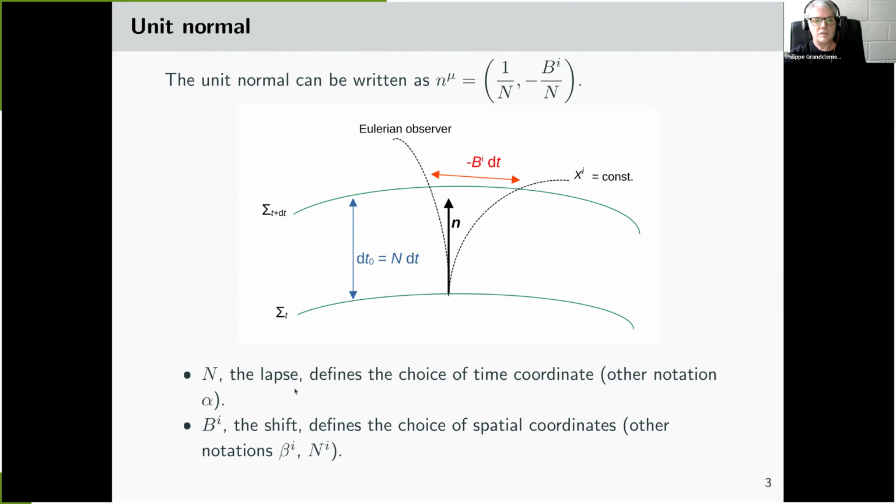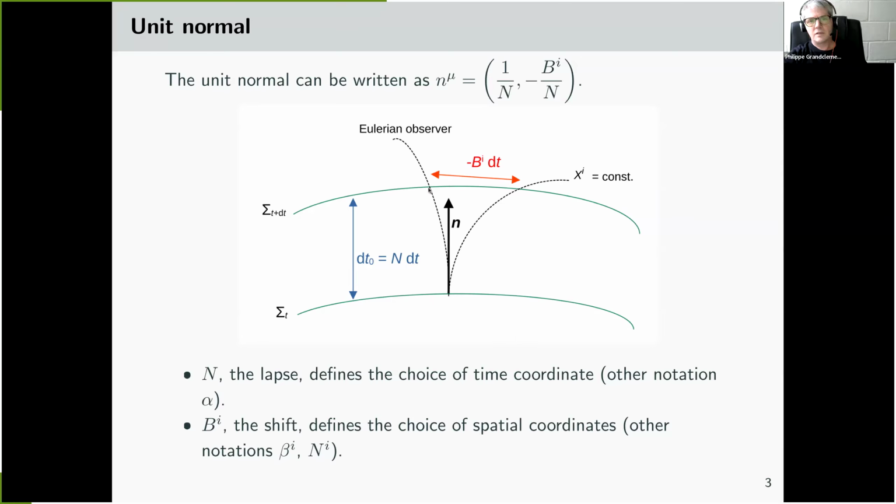The names come from the fact that if you consider two neighboring slices, and an Eulerian observer, meaning someone moving along the normal, so it follows this line here. You see my mouse, don't you? Yeah, okay, good. The proper time measured by this observer between that slice and this one is just the lapse times the change of the time coordinate. So essentially the lapse tells you how time is measured by an Eulerian observer.